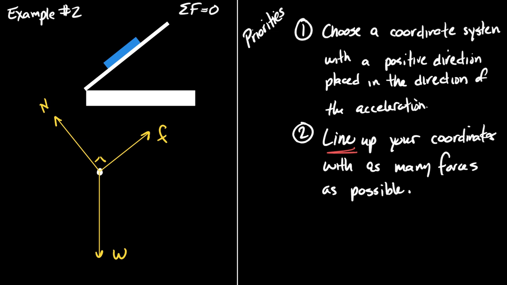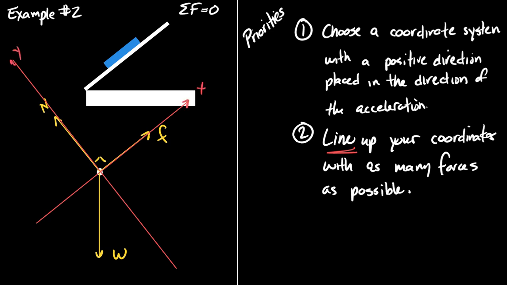But based on priority 2, this might be a harder way to do the problem. If I do it this way, yes, the weight is perfectly in line with the y-axis, but now the friction and the normal force are not. I know that the normal force and frictional force are perpendicular to each other, so it might behoove me to choose a coordinate system that helps me deal with the fact that they're at right angles to each other.